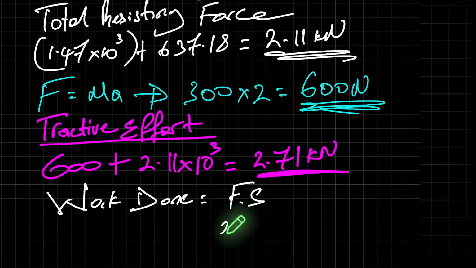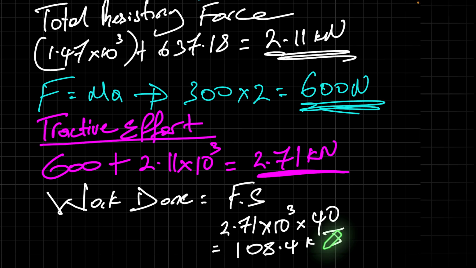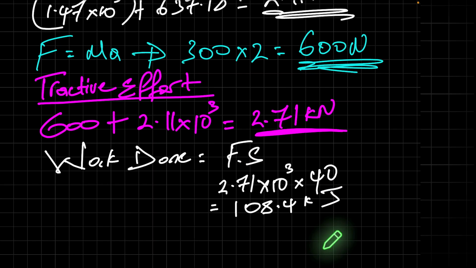So that will be 2.71 kilonewtons, so times 10 to the power of 3, and we were told initially that the displacement was 40 meters, so times by that 40. So in terms of the work done, which is a form of energy, that's going to give us 108.4 kilojoules. So that's representing our work done.